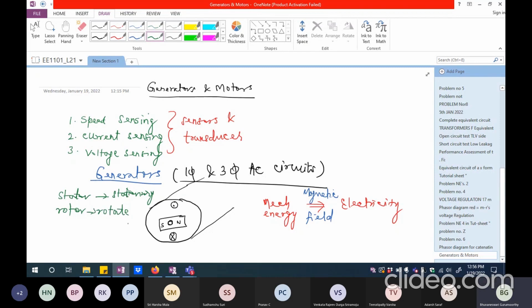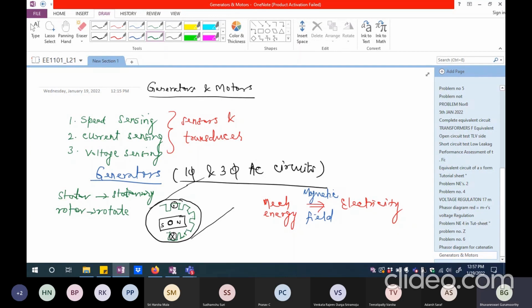In this particular case, I have shown the outer circle. I'm going to have slots carved like this. So it is a hollow cylinder. What I'm going to see as the stator consists of a hollow cylinder like this, and in the inner periphery there will be slots that are carved.